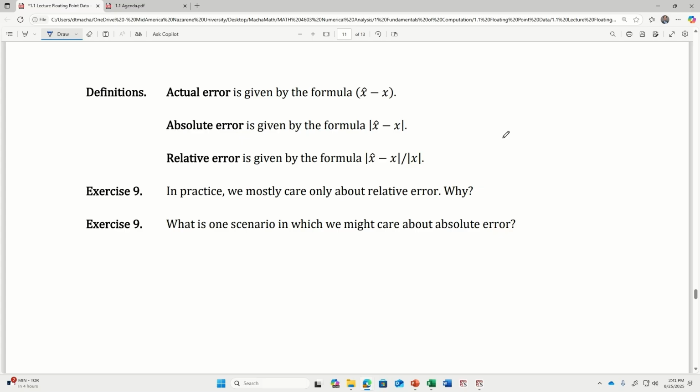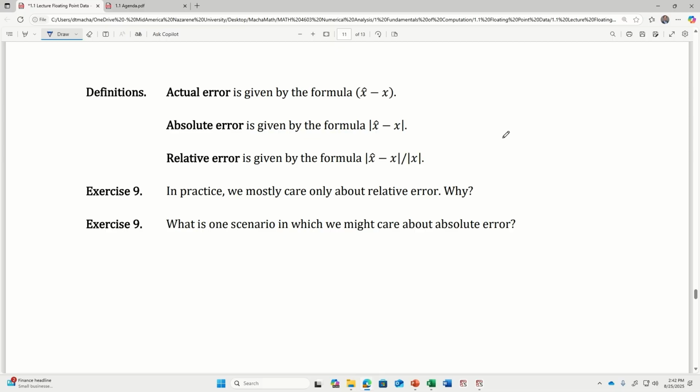What is one scenario in which we might care about absolute error? Measuring the possible precision of the computer.